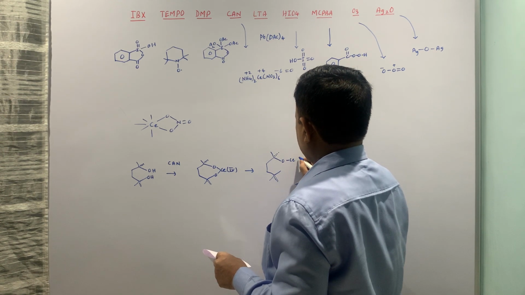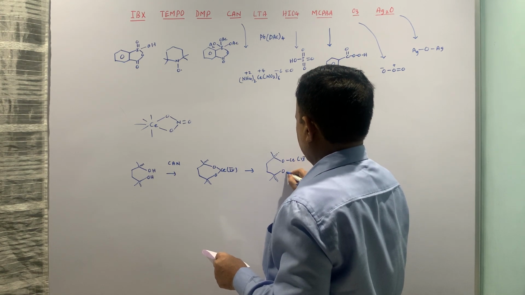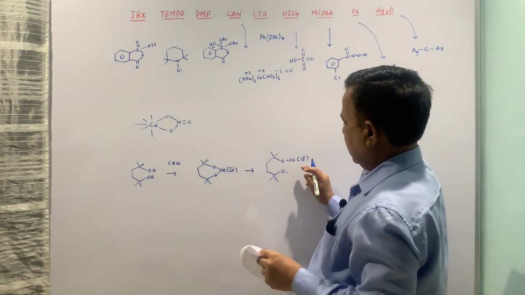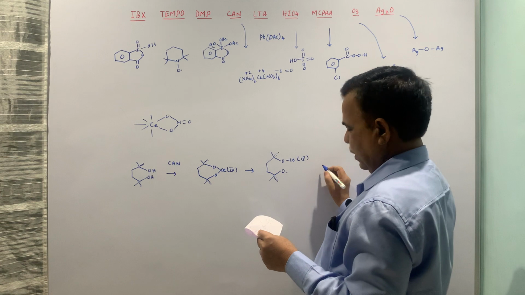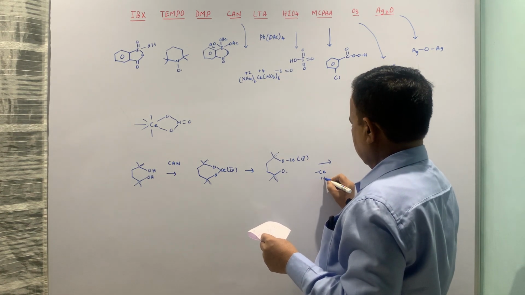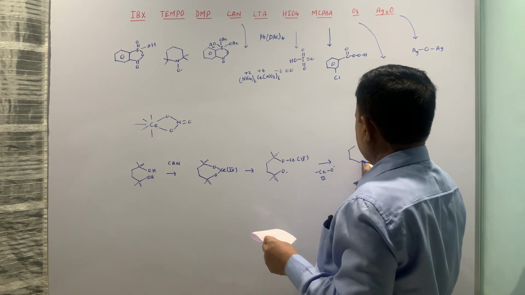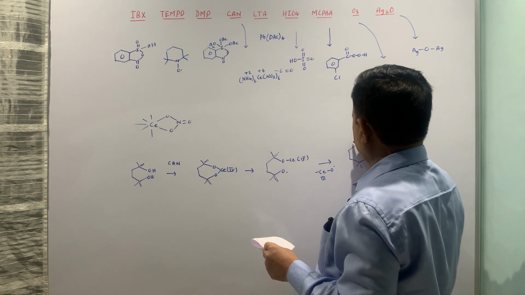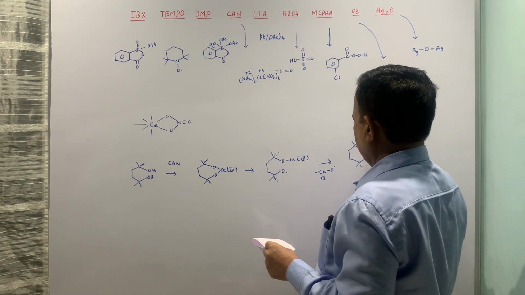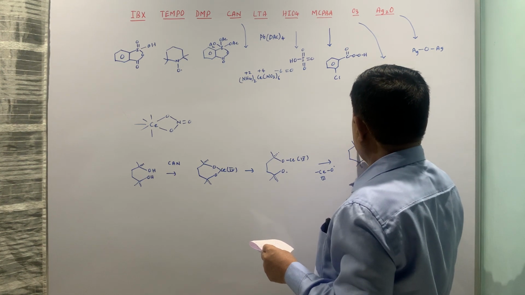O radical. Now this one is the intermediate, and minus the cerium, the O radical can give you another intermediate wherein you will have an O dot here and a radical here straight away.